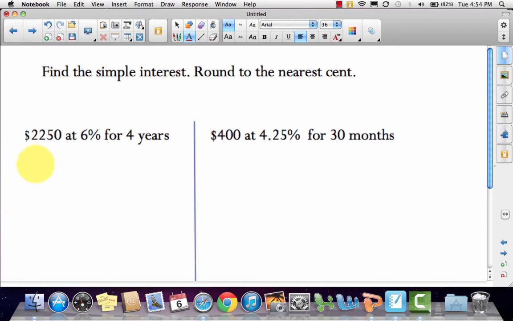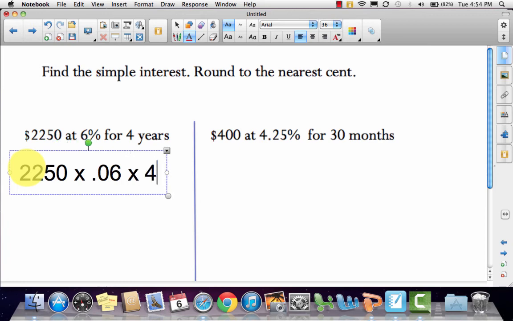Okay, so in the first problem, what you should have done is identified 2,250 as the principal, 6% is the rate, and 4 years is the time. So we should multiply 2,250 times 0.06 times 4, and you will get $540 as your interest.